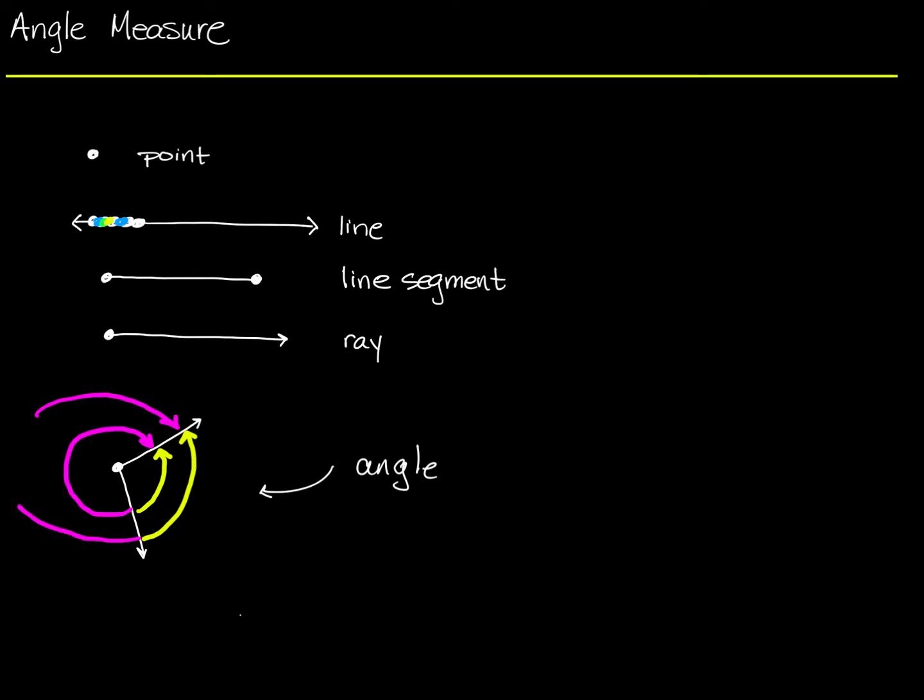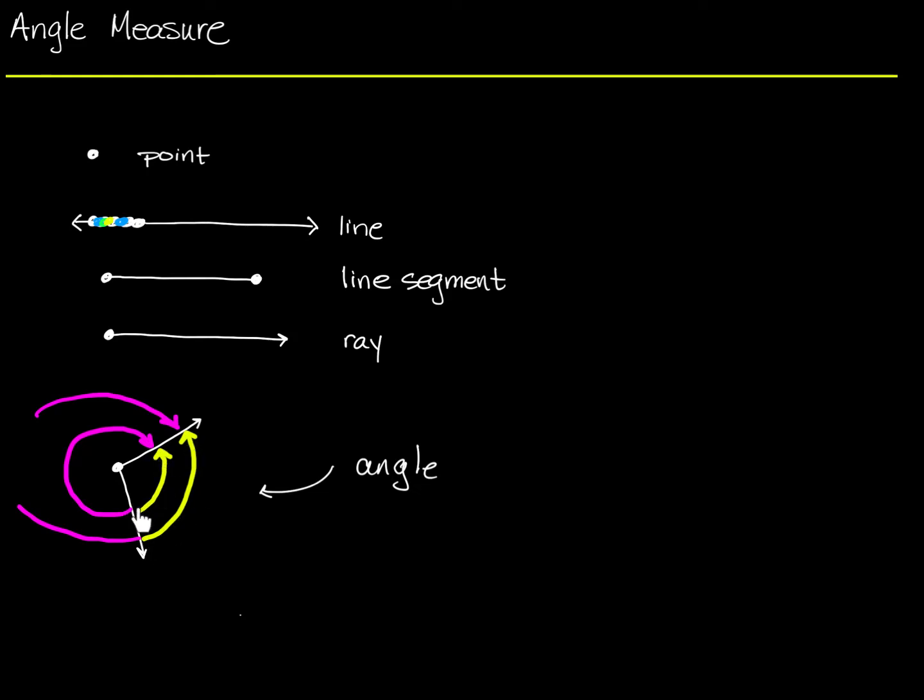So it doesn't matter how big the circle is, you end up with the same proportion of circle if you're measuring the inside angle versus the outside angle, regardless of how far away from the common point you start, right? So we have to find a way to measure the rotational distance between these 2 rays so that the answer that we get is the same whether we're measuring this curve here or this curve here.